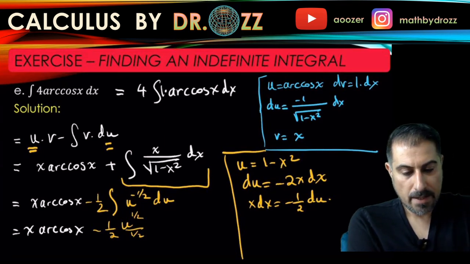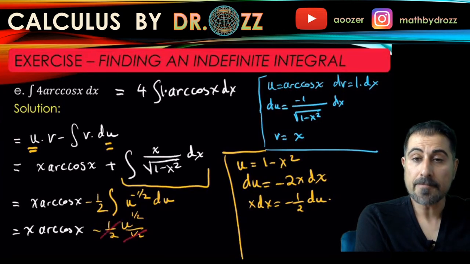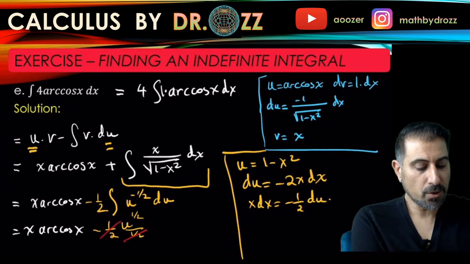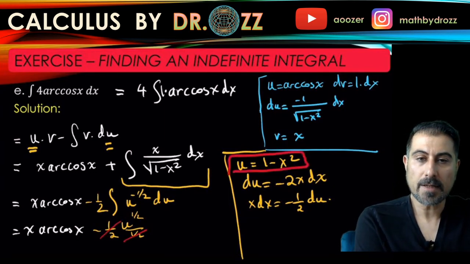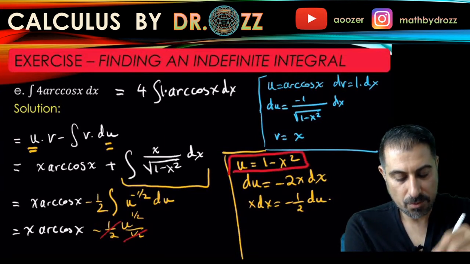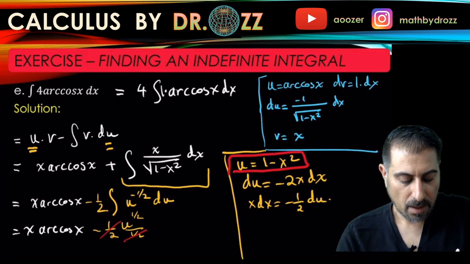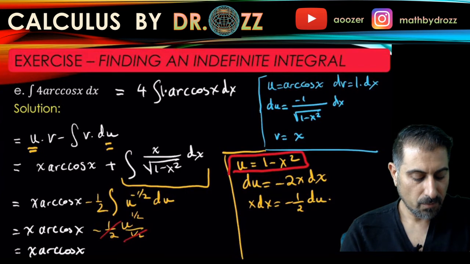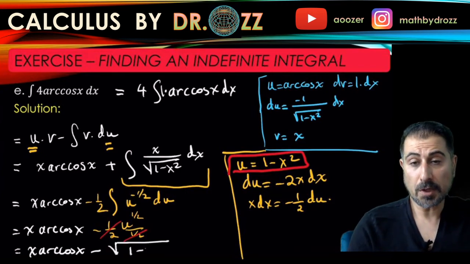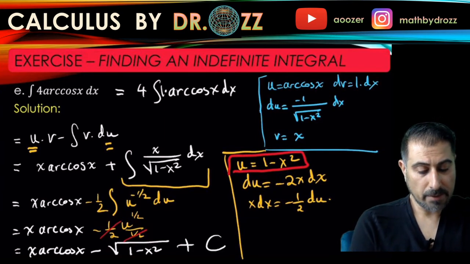I have this 1/2 canceling this 1/2 here, so essentially I'm left with u to the 1/2 for u being 1 minus x squared, because that's part of the u substitution. Let me write everything in white right now: x arc cosine x minus radical 1 minus x squared, because that's what u to the power of 1/2 means. And I have a generic integrating constant.